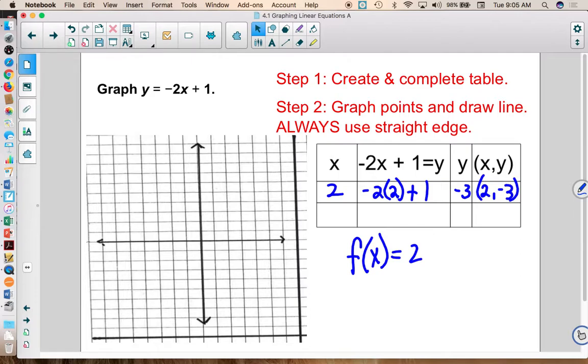Pick another one. 0 is always a good one. X is 0. 0 plus 1 equals 1. So my pair is 0, 1.